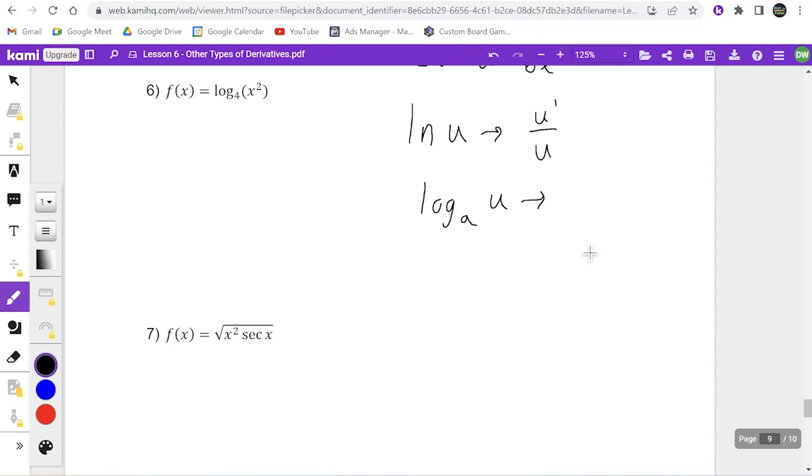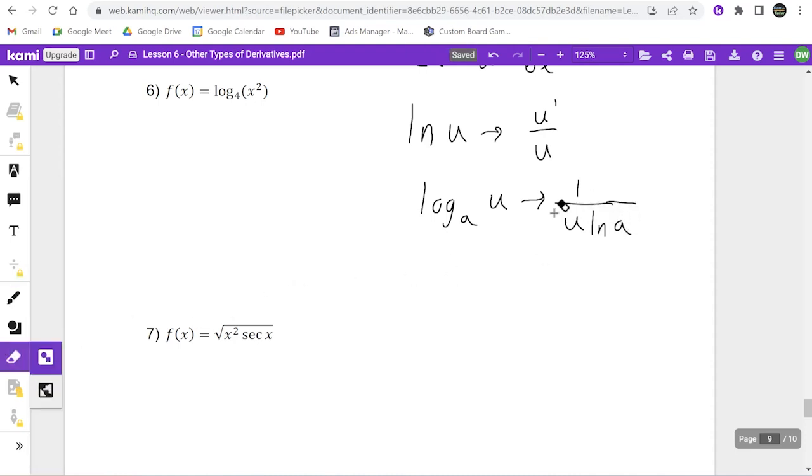It's 1 over x. Oh, I don't mean the final answer. I just mean in terms of u right now. Oh, it's like 1 over u times natural log a. And it's not 1 in the numerator anymore. It's u prime now because that accounts for the chain rule.